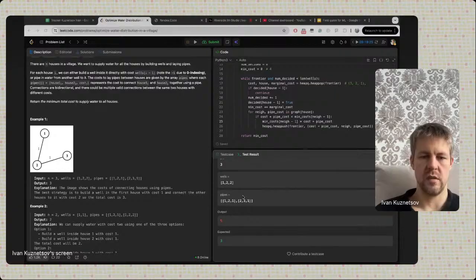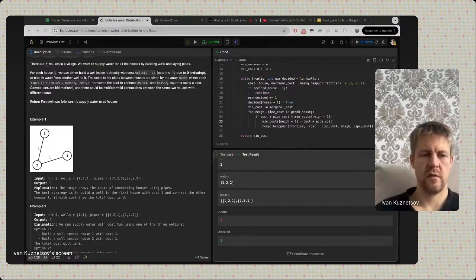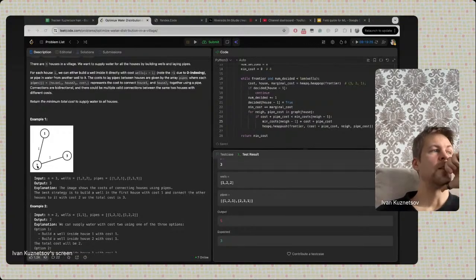So here we have this well, and the minimum price will be 1 plus 1 plus 1, right? So it's 3, but we are saying 5. Oh yeah. So we are not processing this correctly, right?